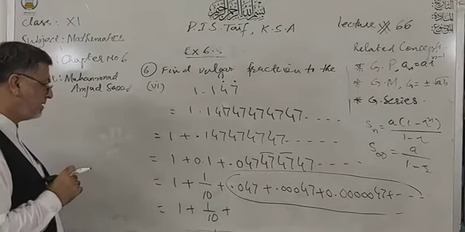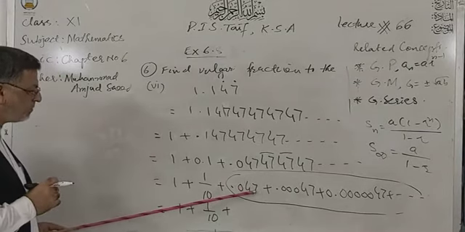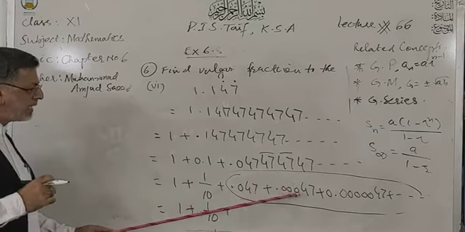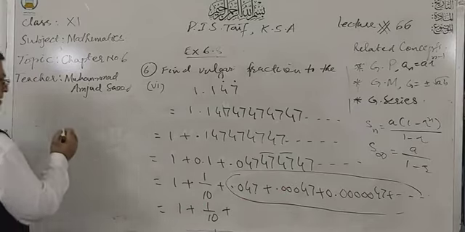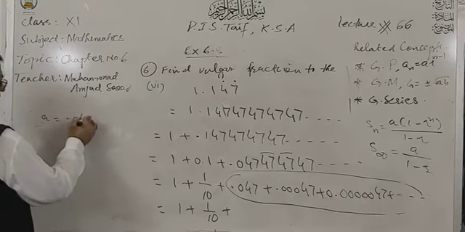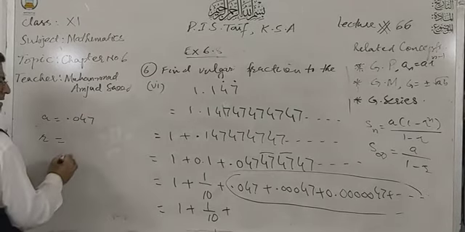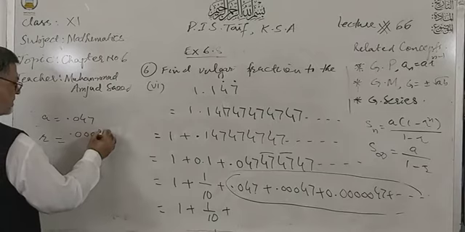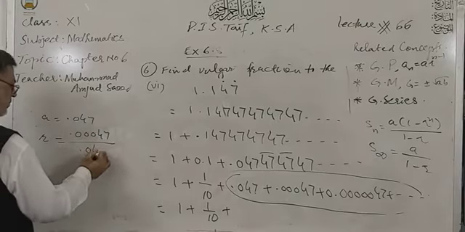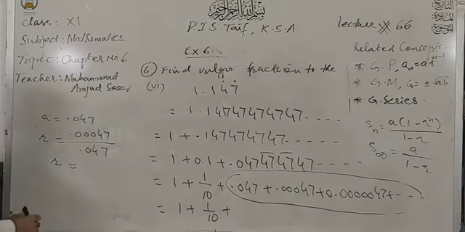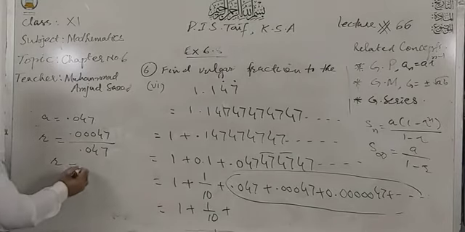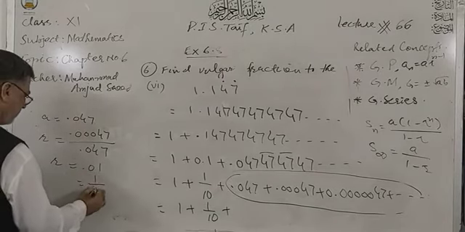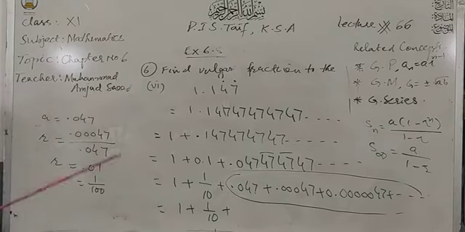What about a? a is 0.047, and r is second over first: 0.00047 divided by 0.047. So r is 0.01, which is 1 over 100. If you divide this number by this, you will get 1 over 100.